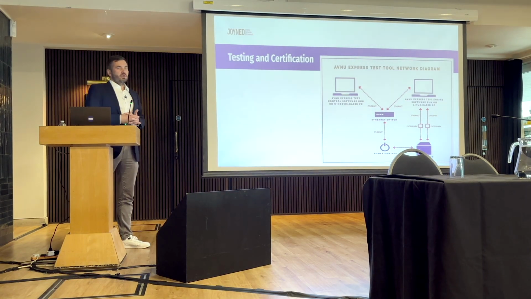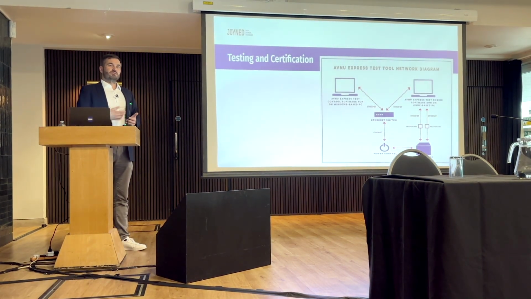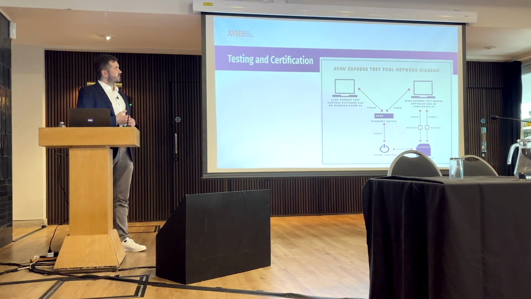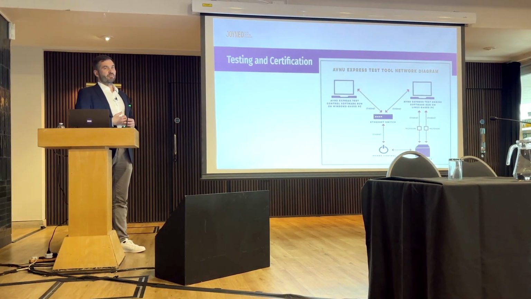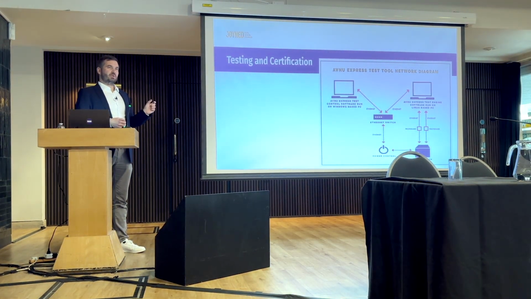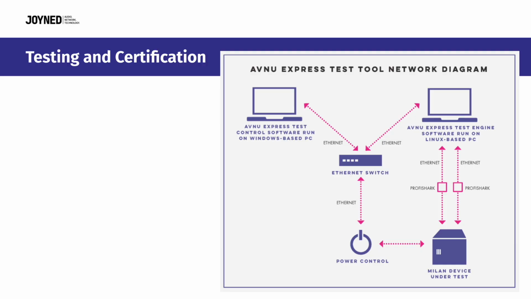Also interesting to know, as well as for manufacturers, but also for you as a user, is that there is a certification scheme. So if you see the Milan brand on a device, you can rely on the fact that the Avenue Consortium granted a certification for that, and that the device underwent some testing. So there is a well-defined set of tests that looks a bit complicated in that diagram.